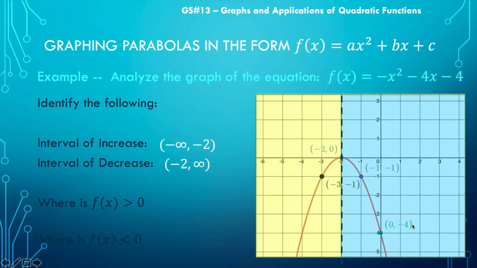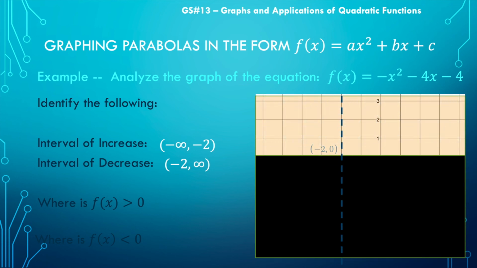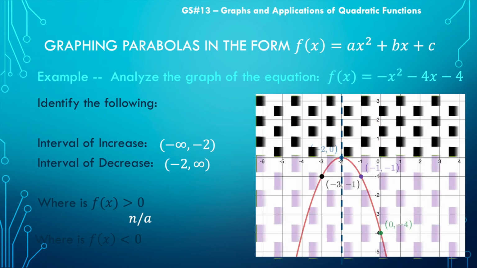All right, let's get rid of that shading, and then let's think about where the graph is above the x-axis. That's kind of a tricky question because this graph, remember, doesn't go above the x-axis. It actually stays below, but just barely touches. The vertex is on the x-axis, so there is nowhere where the function is greater than 0.